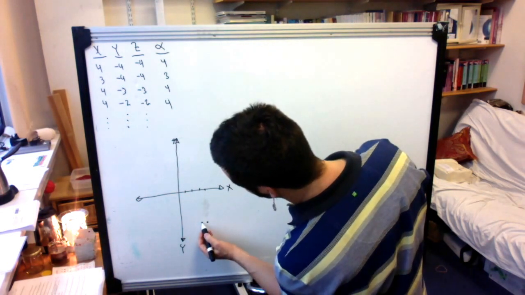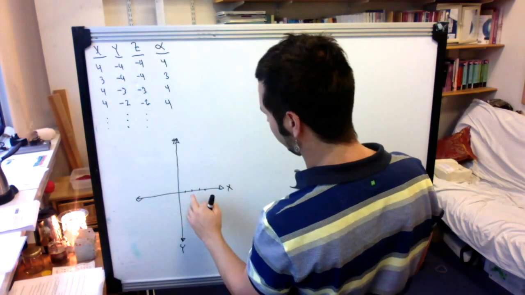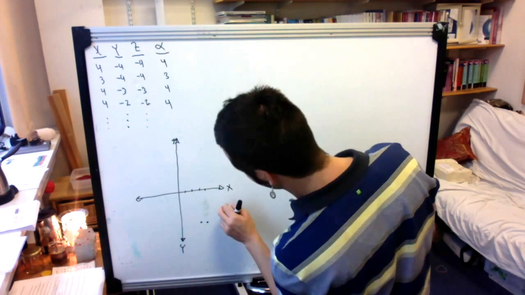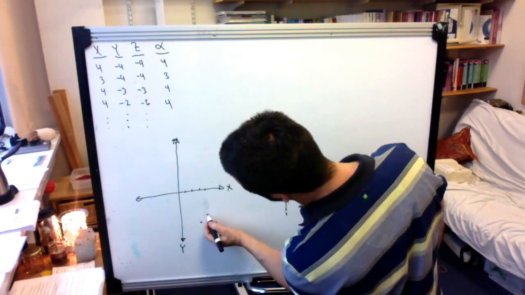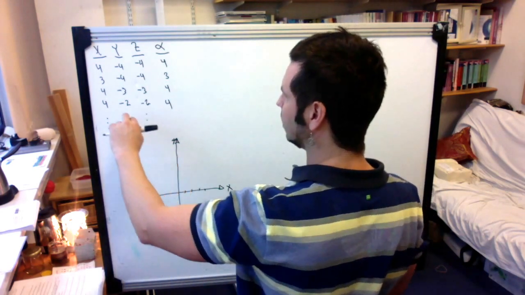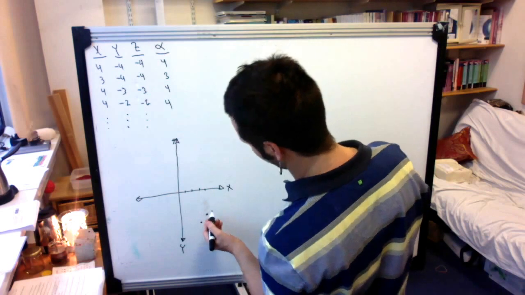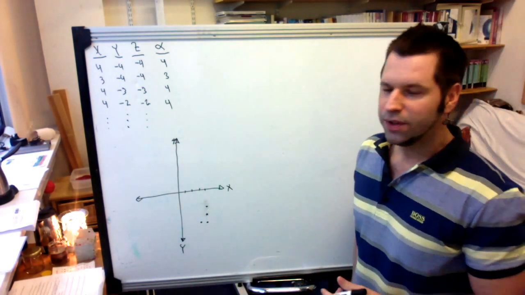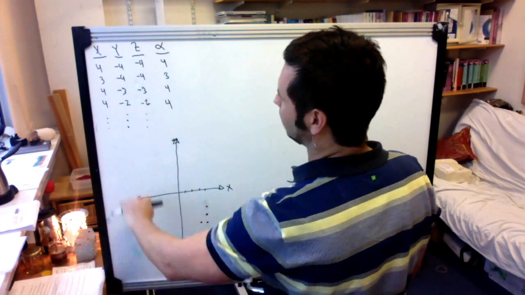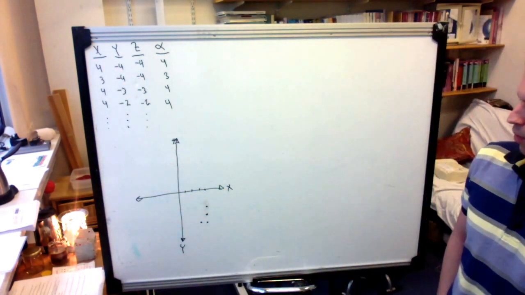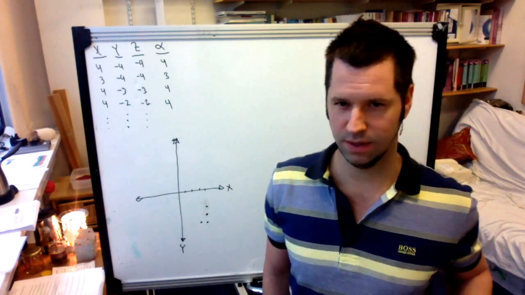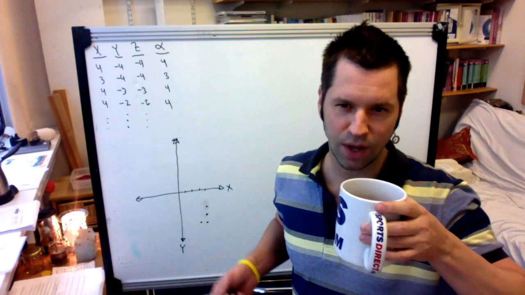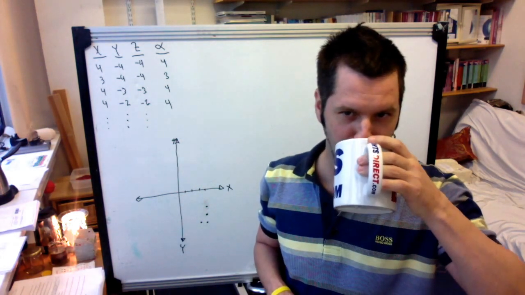Move down 4 units. Move over 4 units, move down 3 units. Move over 4 units, move down 2. And then we could visualize more points this way. This is what we learn in our statistics classes and in school, and that's called visualizing the data with Cartesian coordinates.